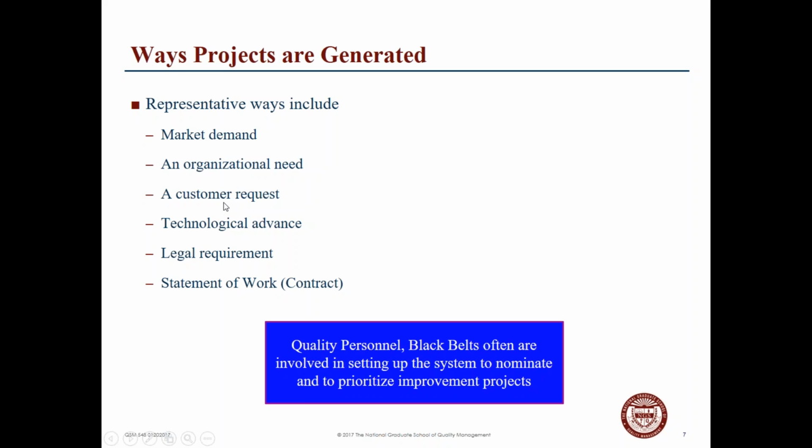Maybe a customer is going in another direction and potentially we are their resource for a particular raw material item or whatever, and it may cause us to look at a new process that we need to do to meet that request.